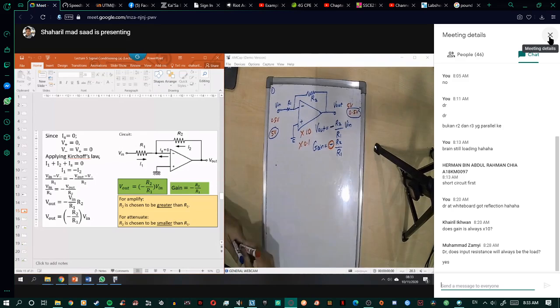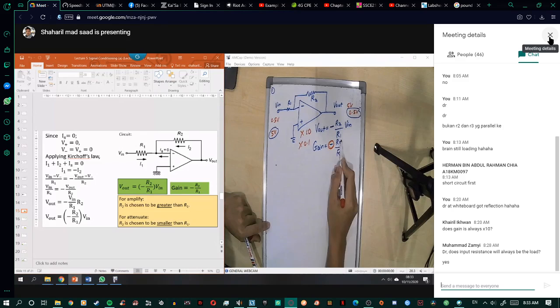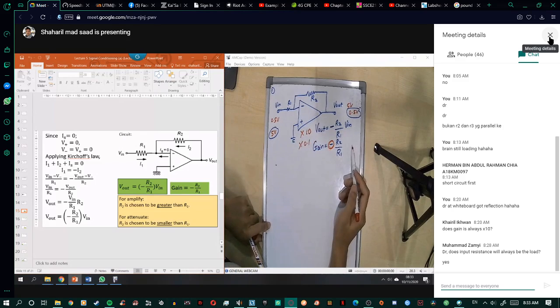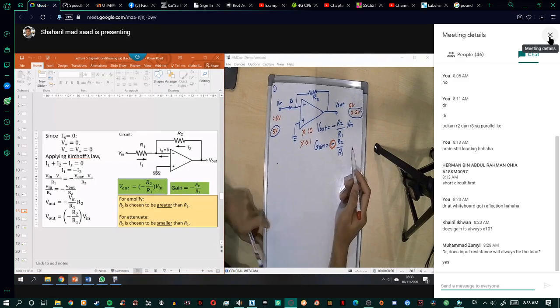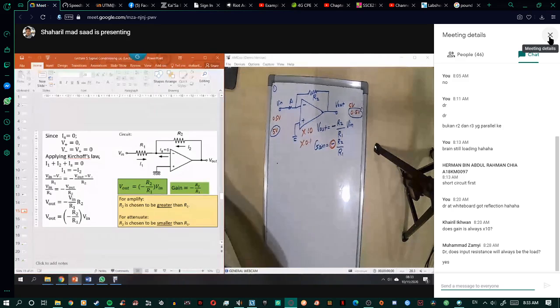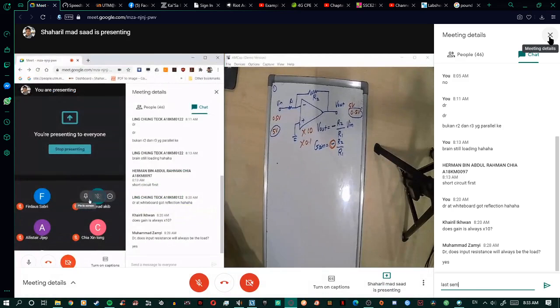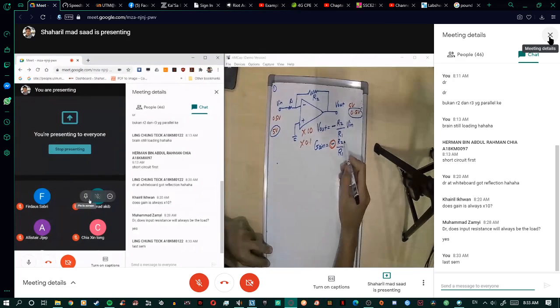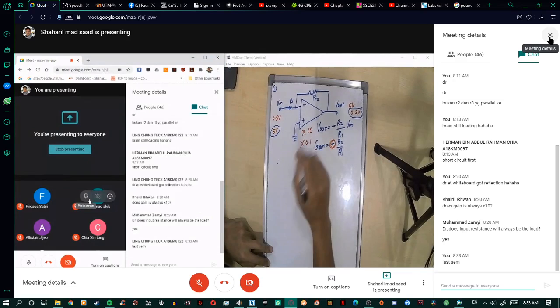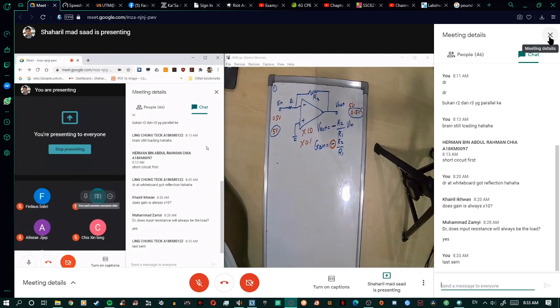So you can adjust your gain with R2 and R1. You have learned this in Lab 1 in your second year, right? You just adjust R2 and R1 to adjust the gain. That's why we call it inverted.